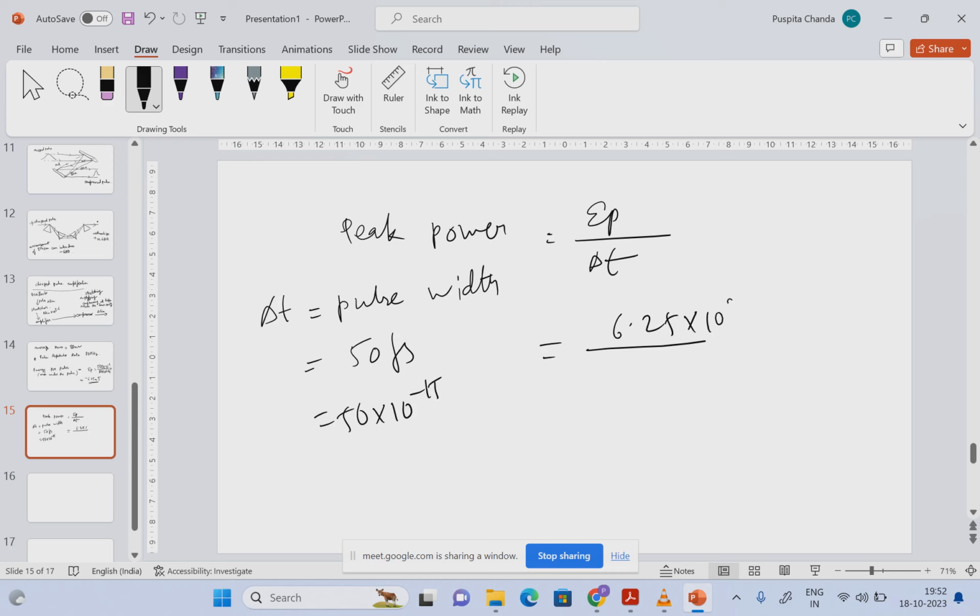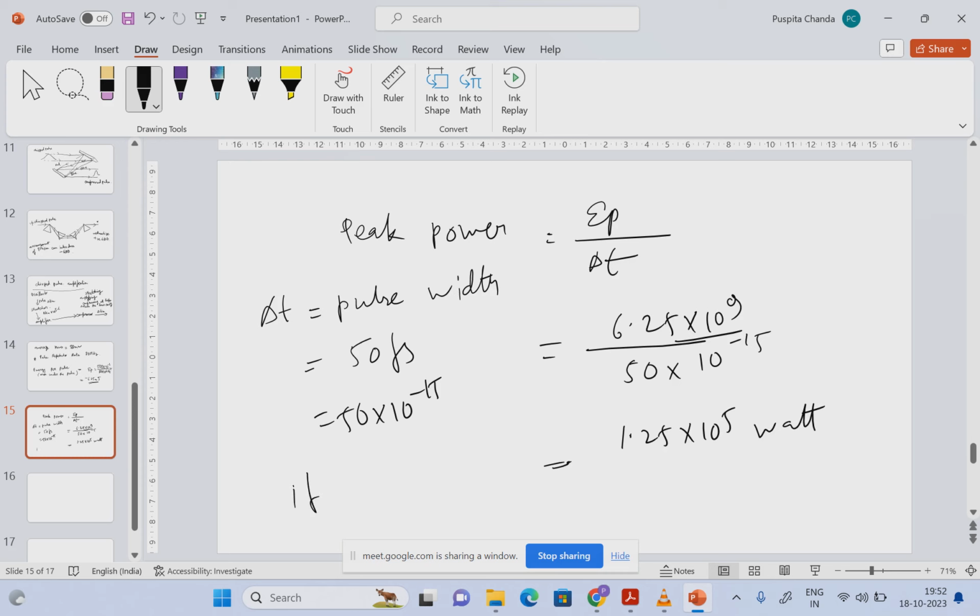So 6.25 nanojoule by 50 into 10 to the power minus 15 gives about 1.25 into 10 to the power 5 watt.